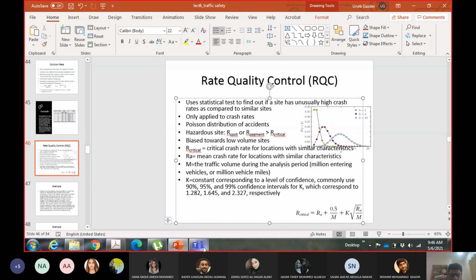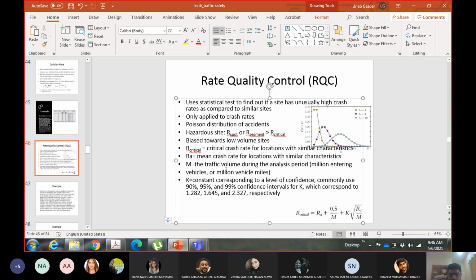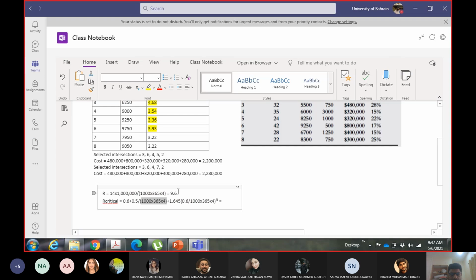Okay, I think the problem is this should be in millions. This value should be in millions. M is in millions. See here. How much was this value, 1,000 into 365? 146. Yes, correct.